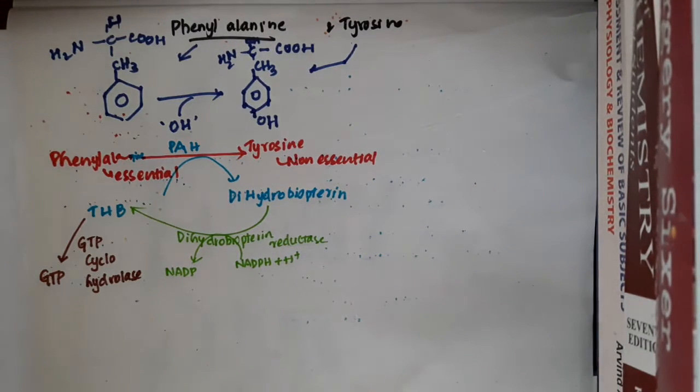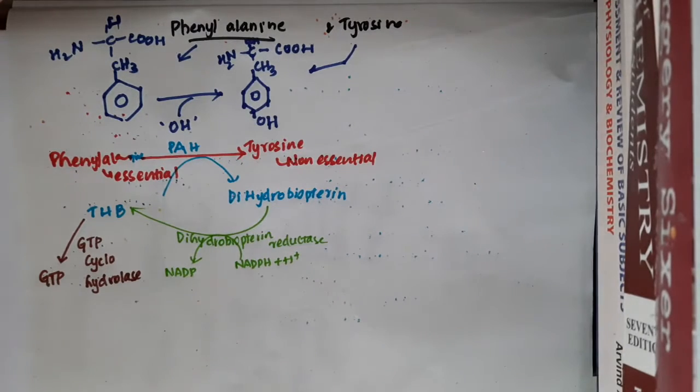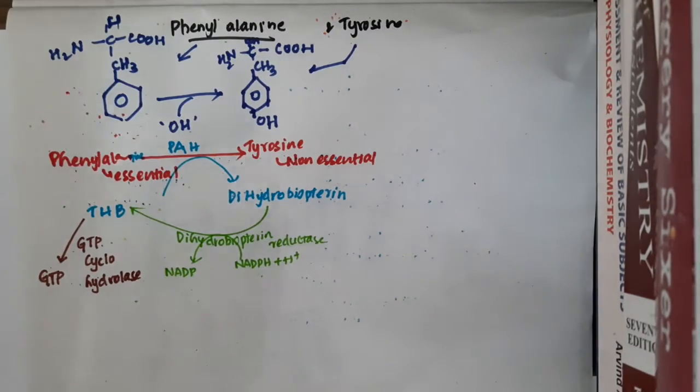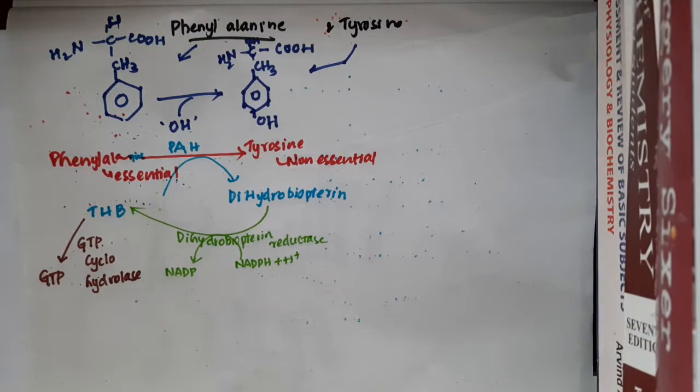Now, tetrahydrobiopterin is restored from dihydrobiopterin with the help of the enzyme dihydrobiopterin reductase. And during this process, NADPH plus H plus gets converted to NADP plus. Then, tetrahydrobiopterin gets converted to GTP in the presence of GTP cyclohydrolase.